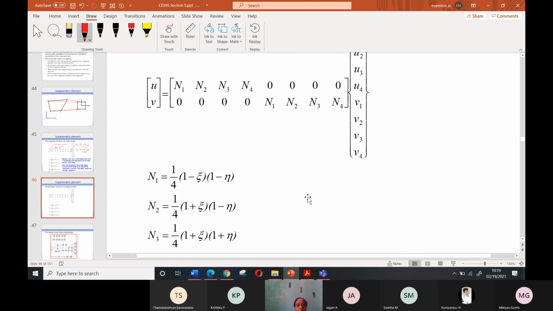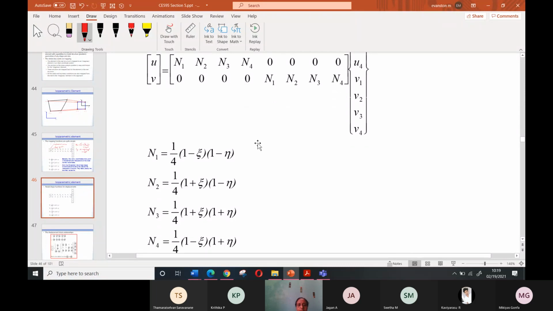Now I'll explain the shape function for a quadratic element. Put the title as shape function for a quadratic element.